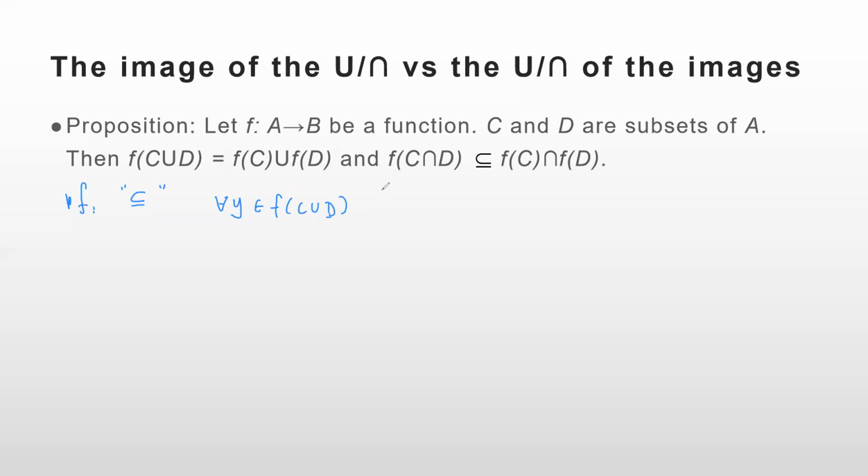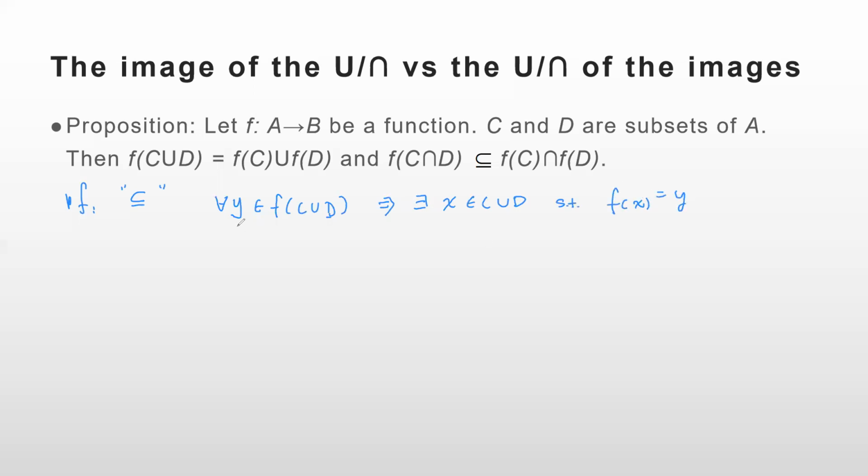All right, so what does it mean? It means y is the image of C union D. That means there exists some element x in C union D such that f of x equals y.